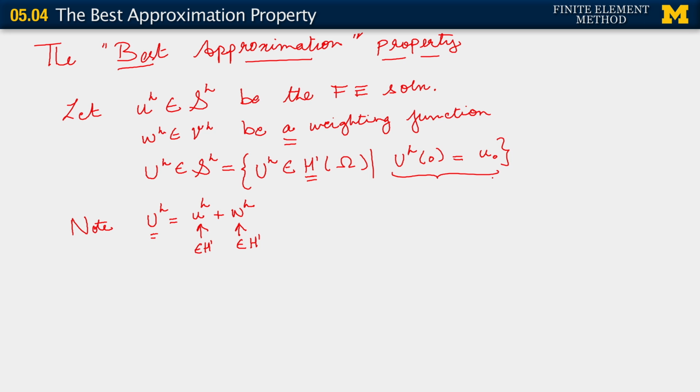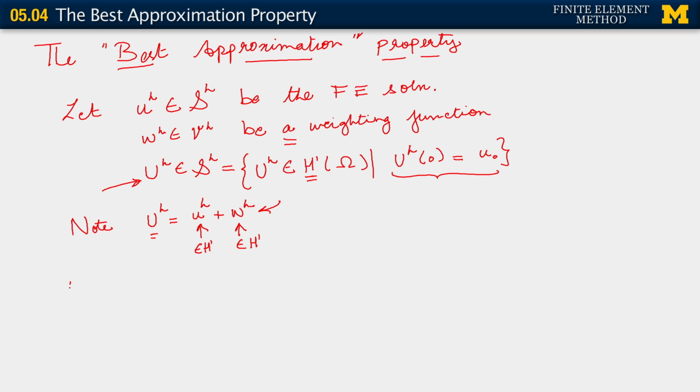Well, remember that since little UH is the finite element solution, it does satisfy the Dirichlet boundary condition. What about WH? Does WH not mess up that result? It doesn't, because WH is 0 on the Dirichlet boundary. So note that when we write capital UH in this form, it does indeed satisfy all the requirements we have for this new set of functions, capital UH.